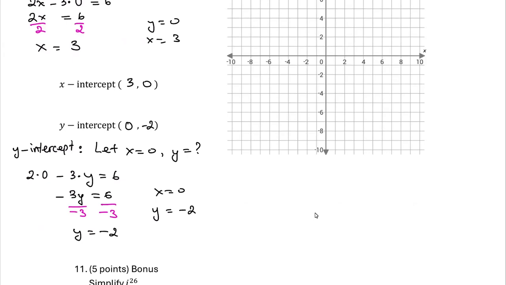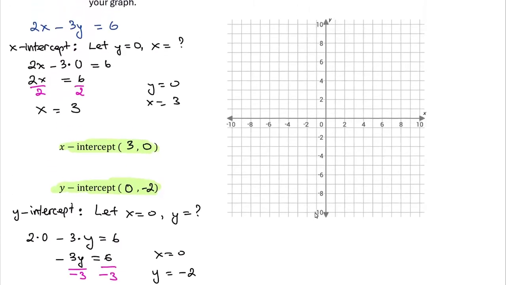So let me highlight that right now, and put that into the graph. You are going to plot the points of the x-intercept and y-intercept. So 3, 0. This is 3, 0. And the y-intercept 0, -2 is here.